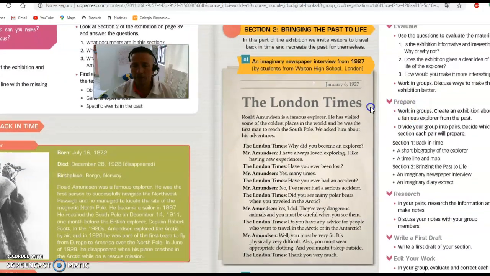Prepare. So here is what you need to do. Create an exhibition about a famous explorer from the past. So Cristobal Columbus, for example, Simon Bolivar could be that person. Somebody that you admire, someone that you say, well, this man, I like him, and I want to investigate. For example, I read the book Robinson Crusoe.